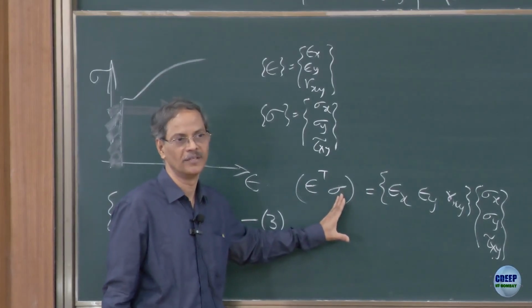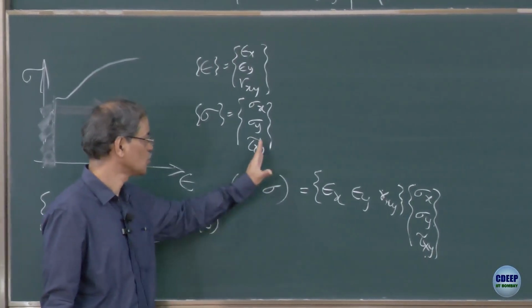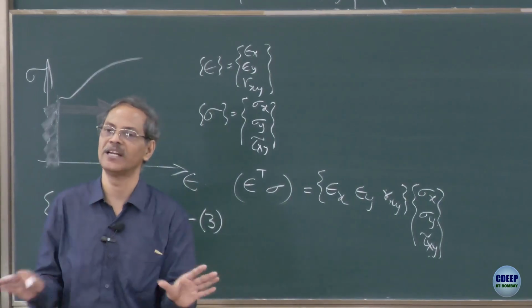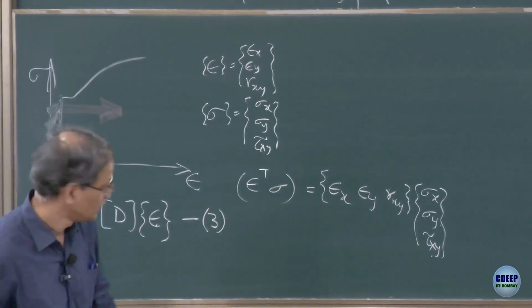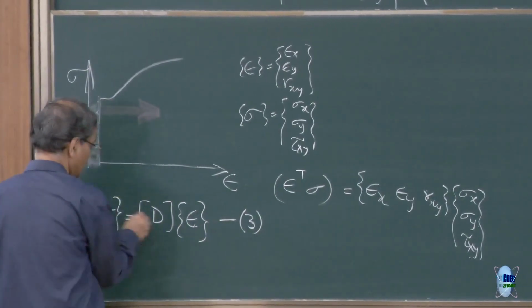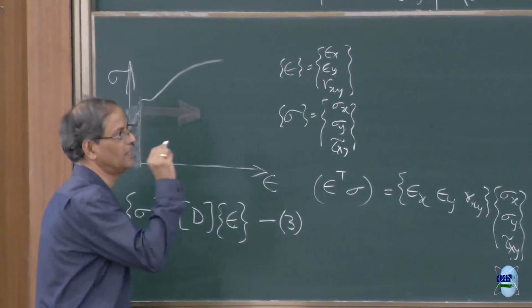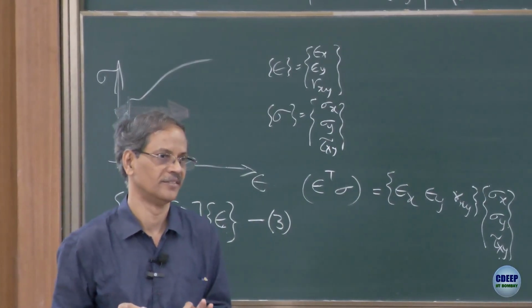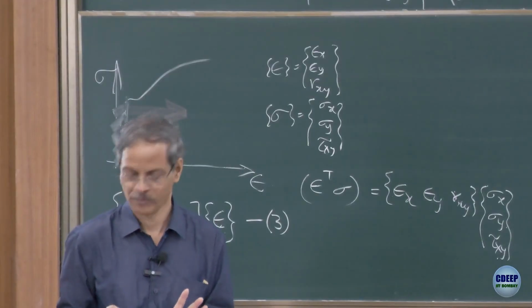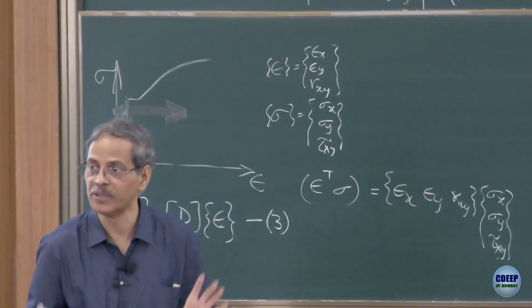Half of epsilon transpose sigma gives me the strain energy for that problem. Now, sigma is given as D epsilon. So I am going to write it as half of epsilon transpose D epsilon. Until this stage, are you with me?